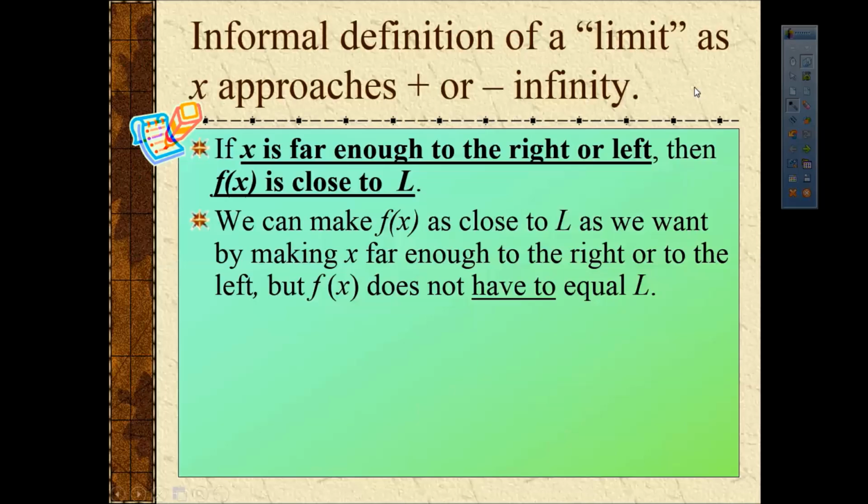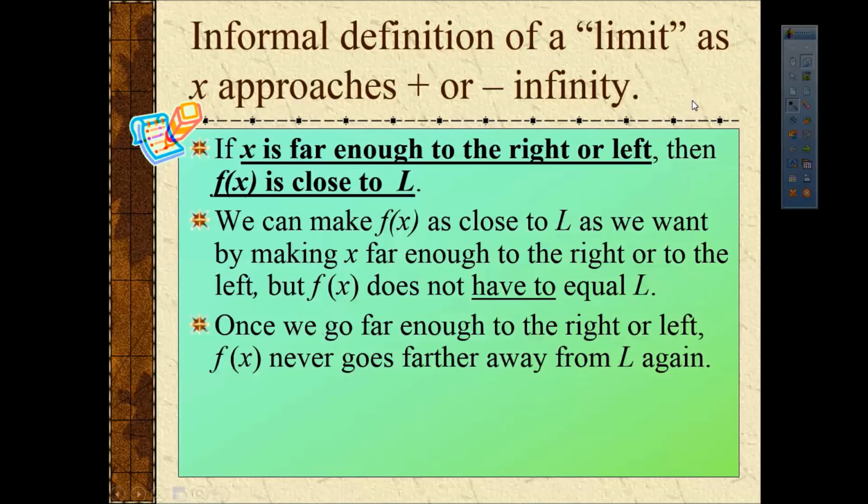If we had wanted to go within 0.000002, we would have just had to move x far enough to the right. Maybe that would have happened at 10,000 or somewhere out there. But for somewhere far enough, f of x got close to L.